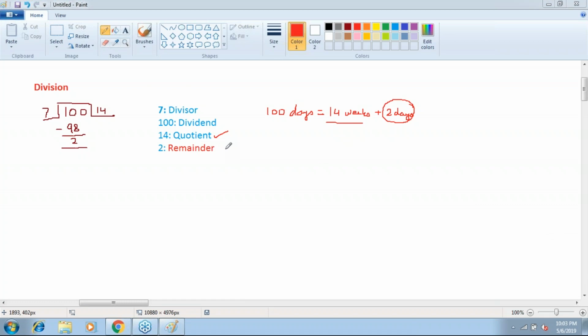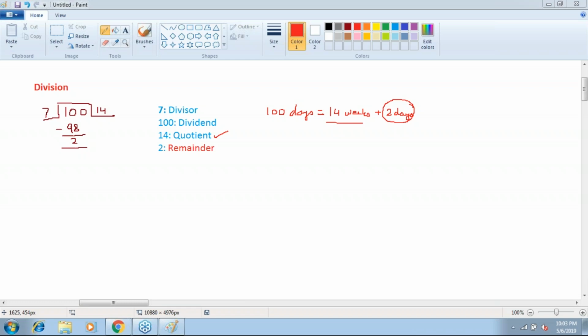I got a remainder of 2. Remainder of 2 means extra. 2 is extra. So if I just subtract this 2 from the dividend, the remaining number will be divisible by 7. So try and subtract 2 from 100 and see the remaining number 98 is divisible by 7. Yes?